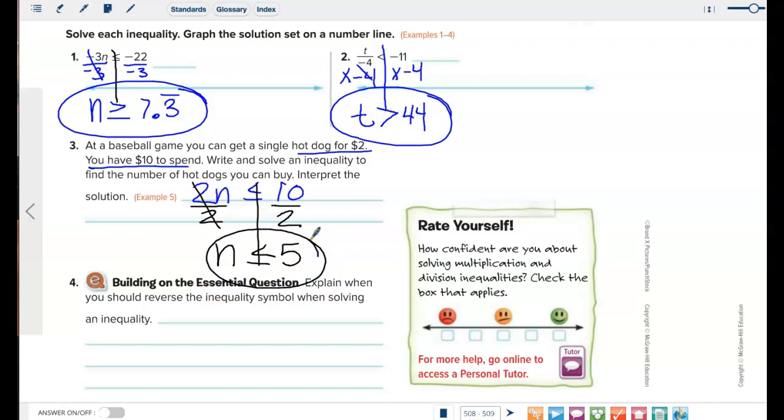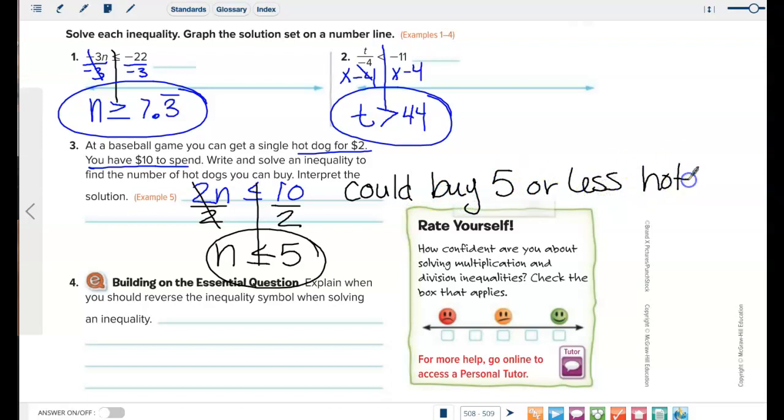So then, if I was interpreting this solution, I would say I could buy 5 or less hot dogs. Because if I bought 6, I don't have enough money. And that's how you interpret your solution.